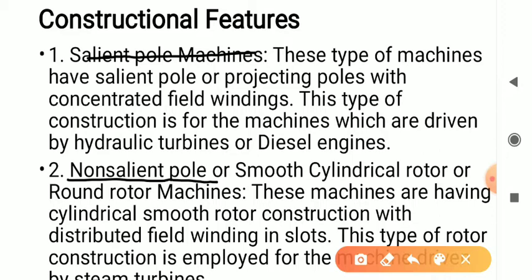But in the non-salient pole machine, the rotor is a cylindrical smooth rotor in construction, so it is also called a smooth cylindrical rotor. This rotor construction is employed for mechanical drive by steam turbines.